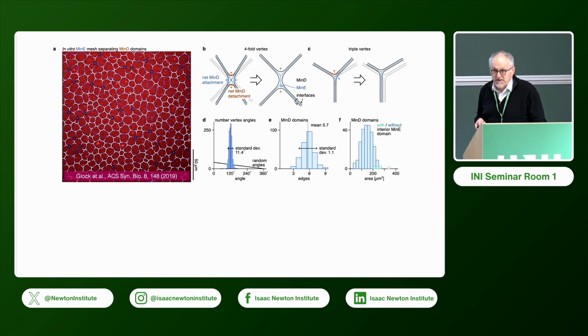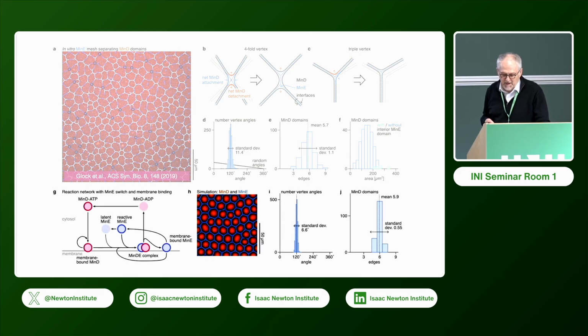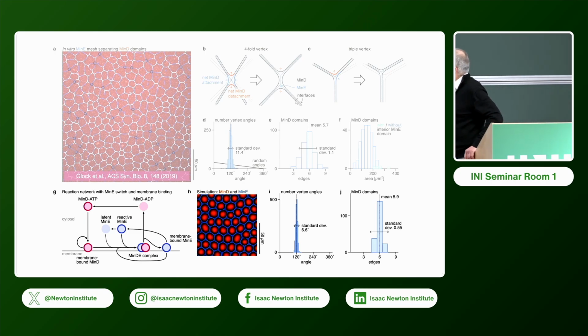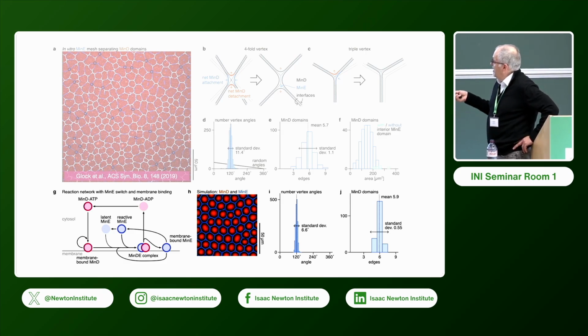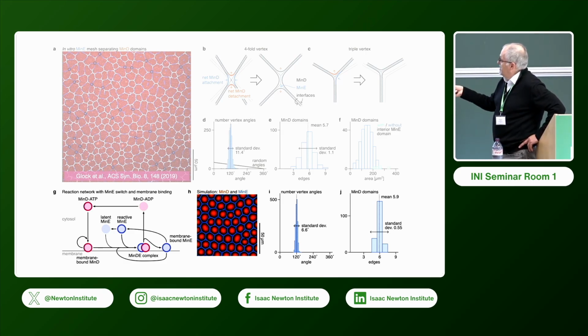Well, now we wanted to test that using our model for the min proteins, and as I told you, this is a model that is quantitative and you can compare it well with data in vitro and in vivo, so it's kind of a good test system to also check whether our computational model shows pattern formation.